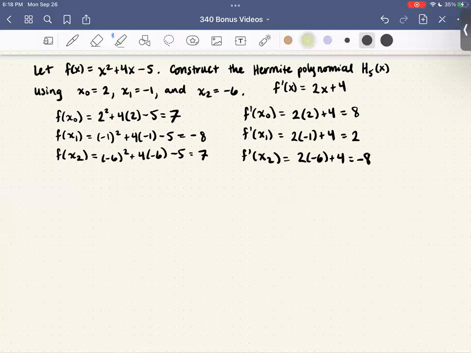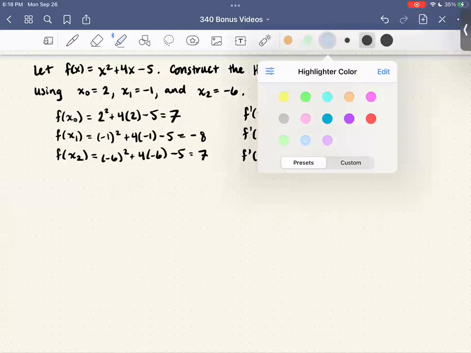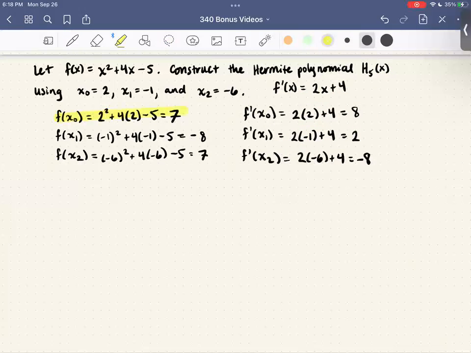Okay, so really it's these 6 pieces of information that my Hermite polynomial is matching. And the degree of the polynomial is always one less than the number of information items that I'm trying to match.